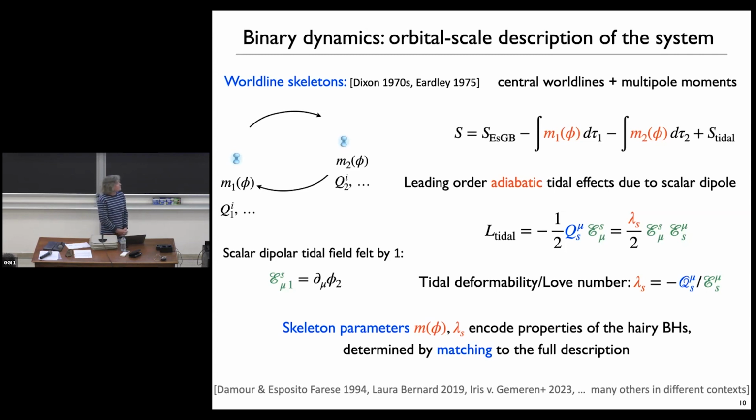And in that case, we define tidal deformability or love number as the ratio of the induced scalar tidal moment divided by the dipolar scalar tidal field.